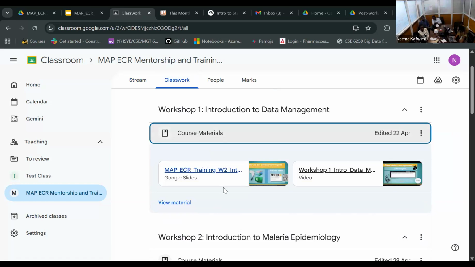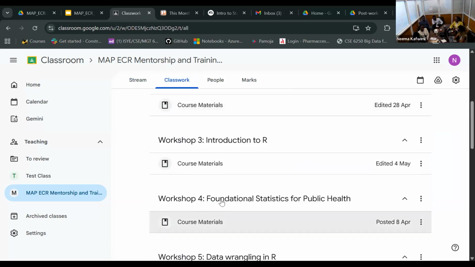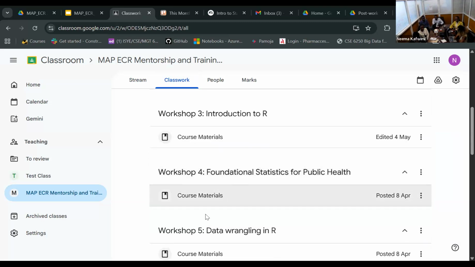Under course materials, you'll find the PowerPoint slides that were used in that workshop, as well as the video recording from that session. The assignment that Christina gave you will be posted here under foundational statistics for public health. The deadline for submitting this will be Friday midnight, East African time. Because you'll be working in groups, one member from your group will be responsible for submitting the responses. So we expect to receive one response for each group.